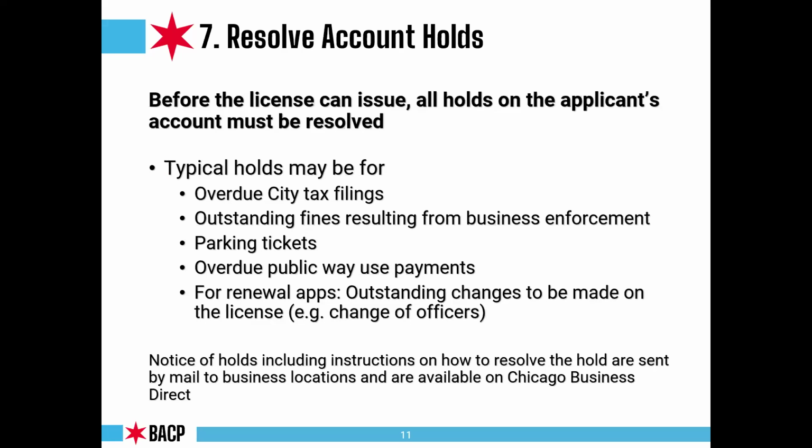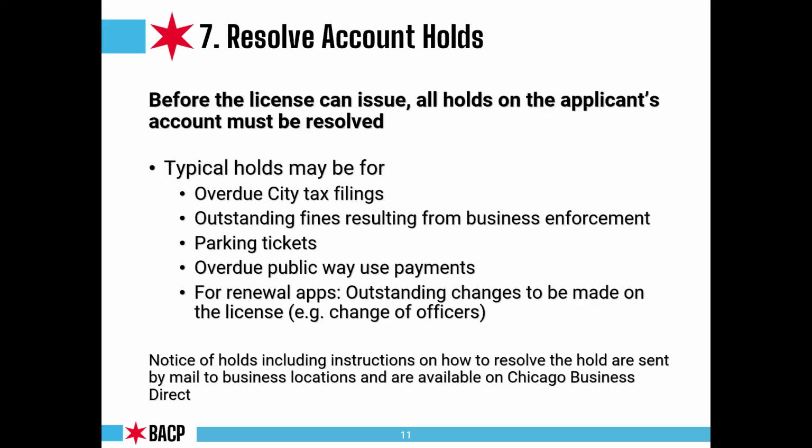We talked a little bit about this before. The Department of Finance does a debt check, and typical reasons why you might fail that check could be because there's overdue city tax filings, because you have outstanding fines resulting from business enforcement, parking tickets, overdue public way use payments, or if you're renewing your application, there could potentially be an outstanding change that needs to be made on your license.